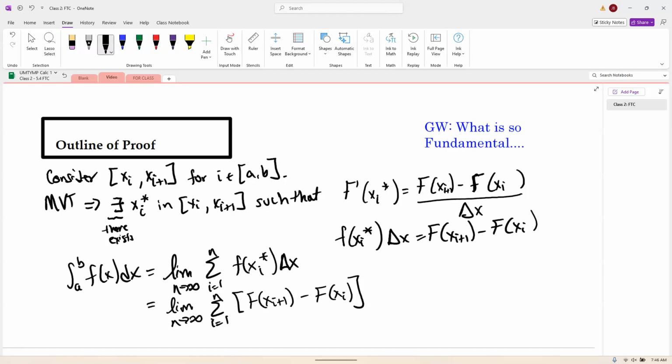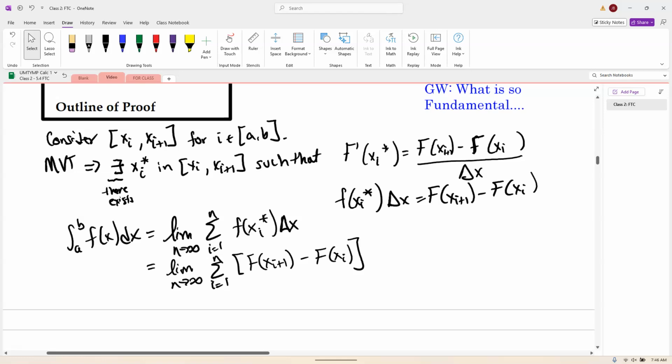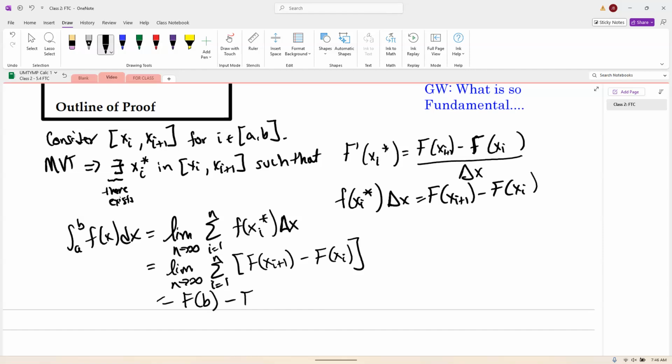If we were to write this out, this would begin at F of b minus, and then F of x alpha, plus F of x alpha, minus F of x beta, plus F of x beta.